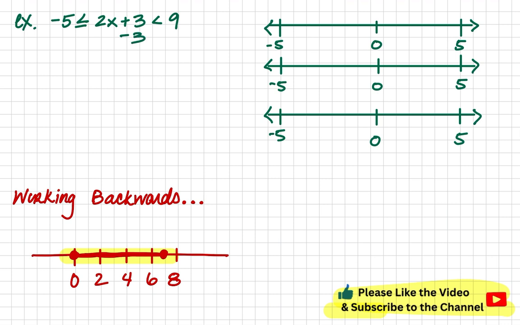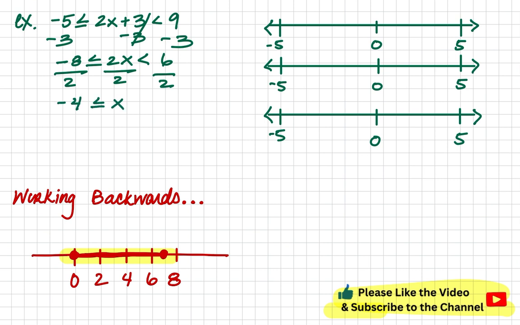I need to minus 3. So I'm going to minus 3 on this side and minus 3 on this side to get rid of that. And then I have -8 is less than or equal to 2x, which is less than or equal to 6, then I'm going to divide by 2, both sides. So then I have -4 is less than or equal to x, which is less than or equal to 3.